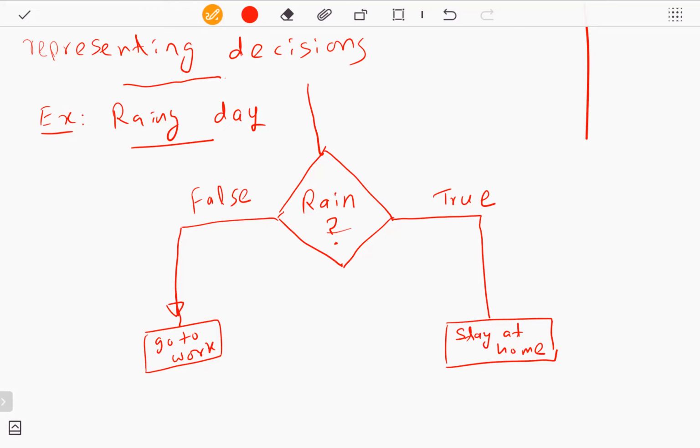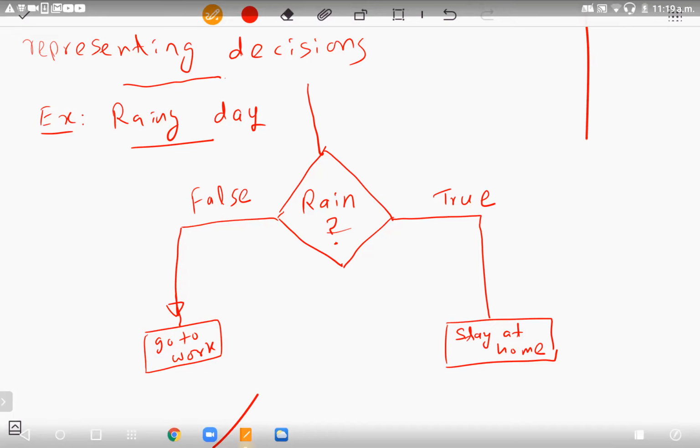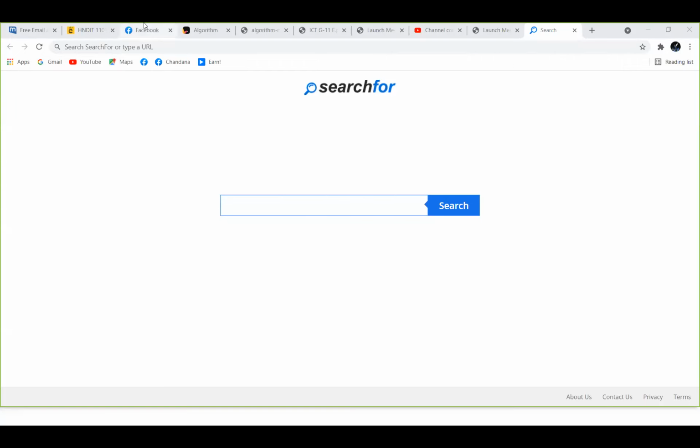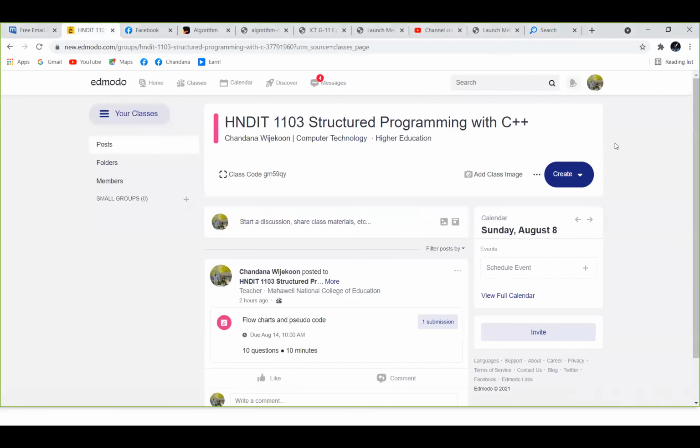Then I will give a few instructions on how to do this activity here. Please log into your Edmodo accounts. I think all of you are already in your Edmodo accounts.